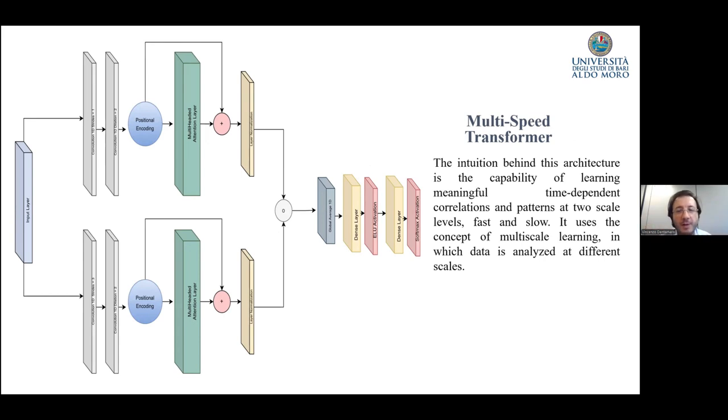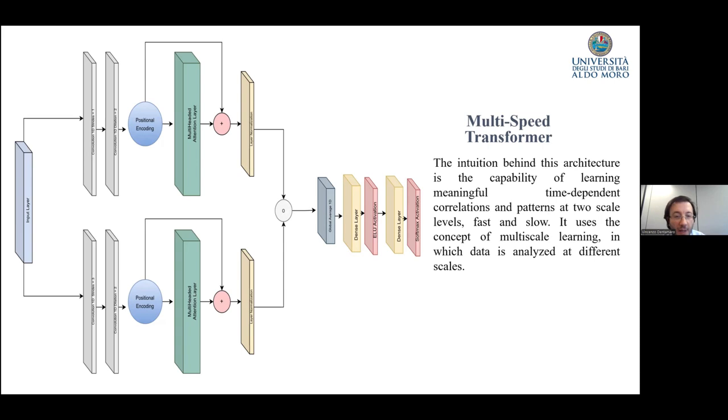The multi-speed transformer is in fact composed of two parallel branches. You can imagine a slide viewed through a microscope. At high resolution, it's possible to observe very detailed features, for example cells, and at lower resolution, it's possible to observe broader concepts.